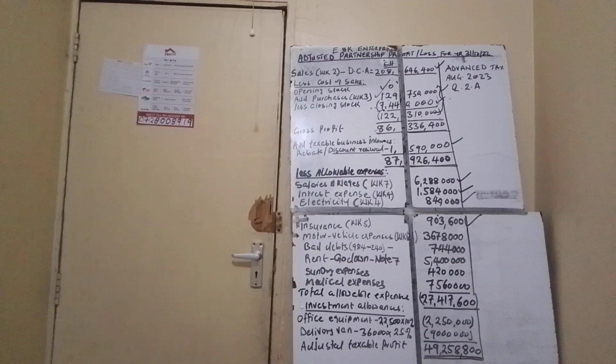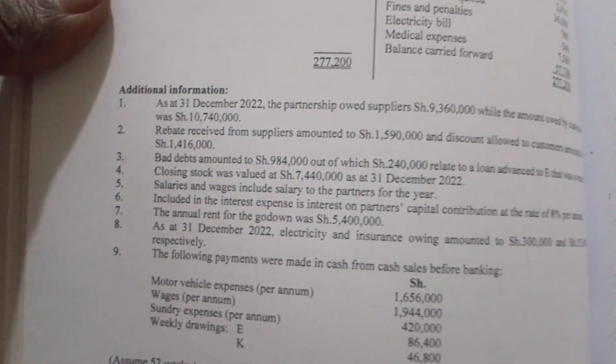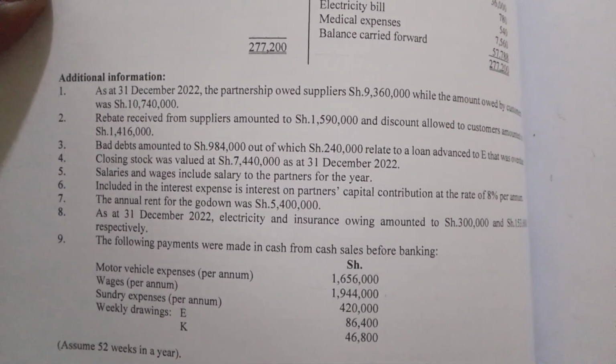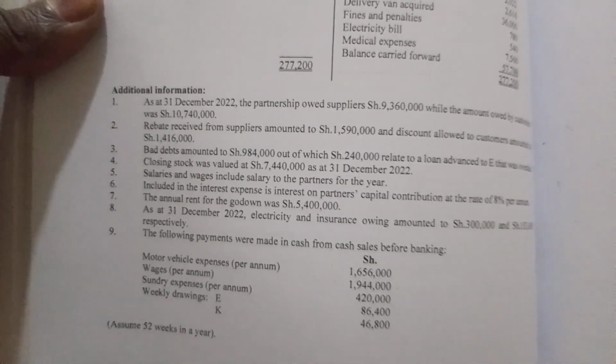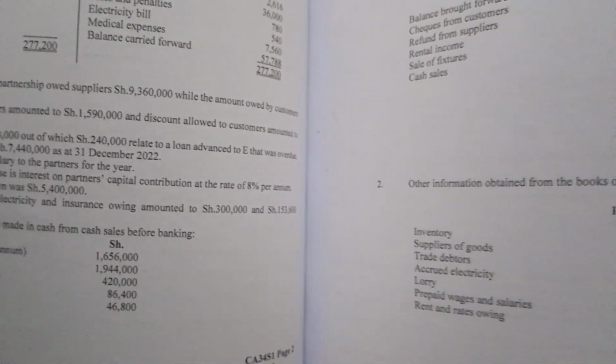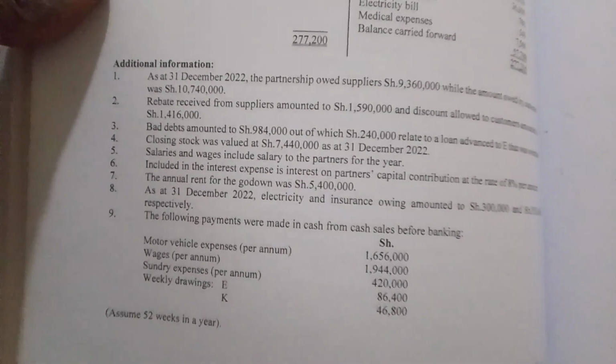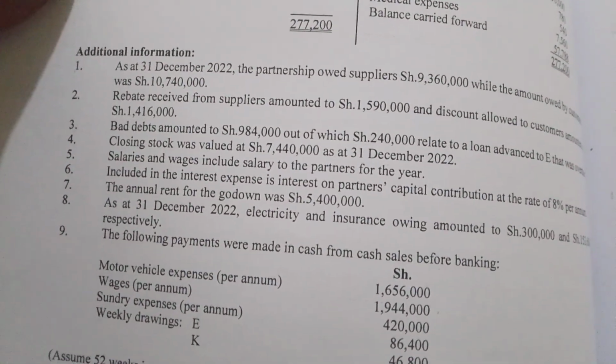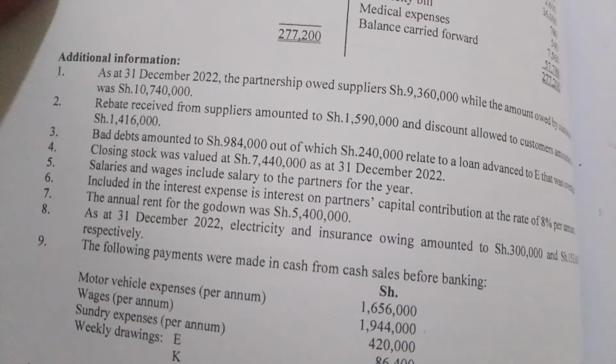Now, electricity and insurance, you can see them on the credit side. And then additional information number 8. If you look at additional information number 8, on 1st December 2022, electricity and insurance owing amounted to shillings 300,000 and 153,600 respectively. That is additional information number 8.